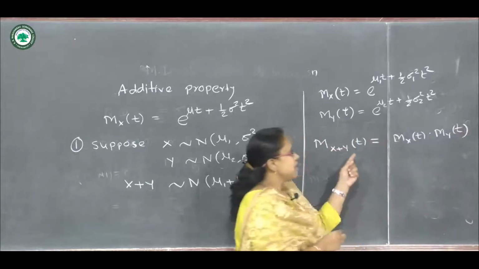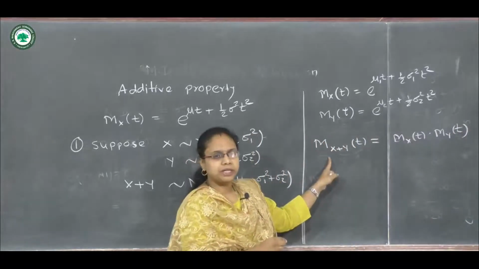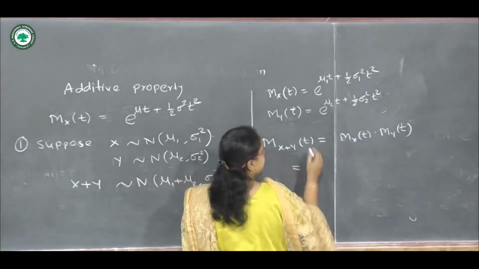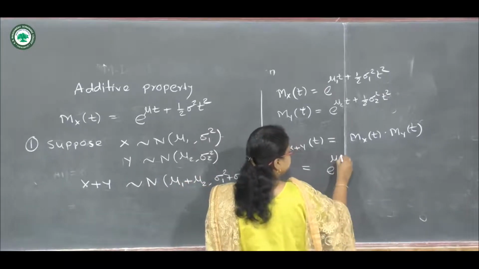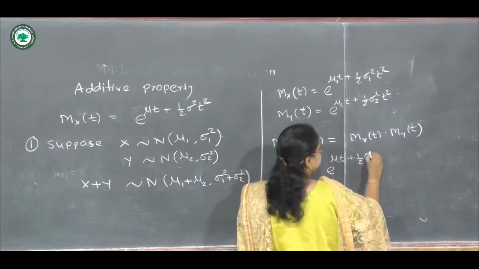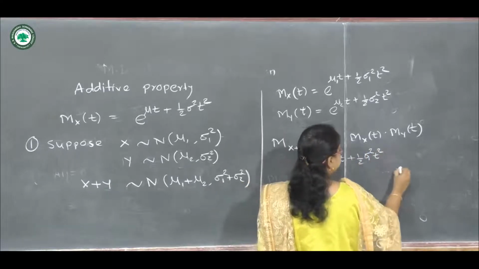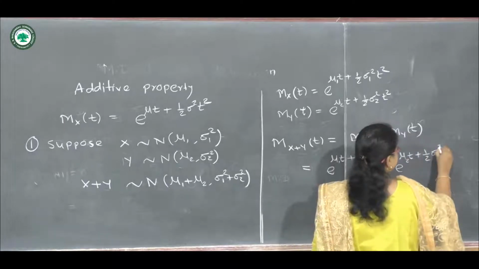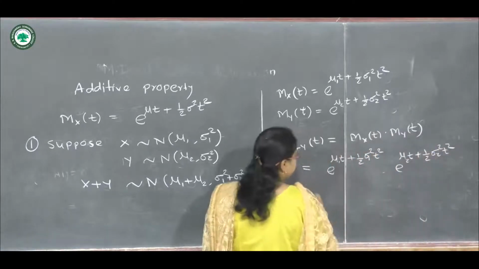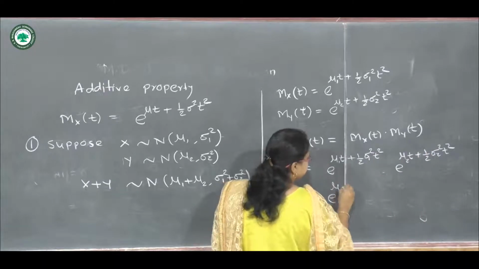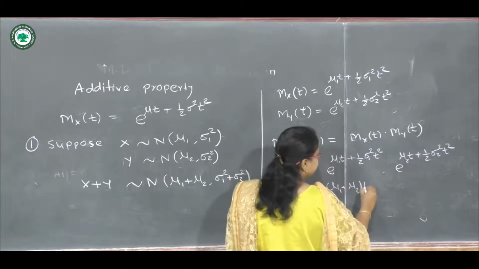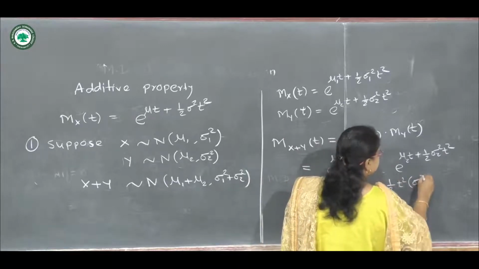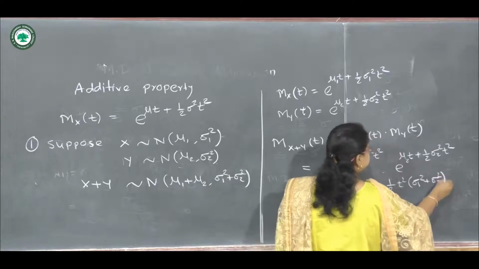So this is written from the properties of MGF. So I will substitute here the values. And finally we will get e raised to (mu1 plus mu2) t plus half t square into (sigma 1 square plus sigma 2 square).